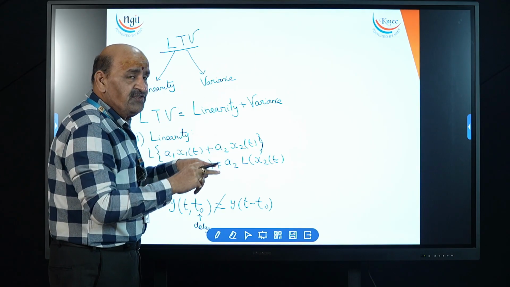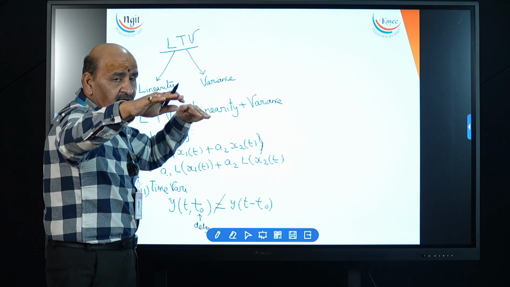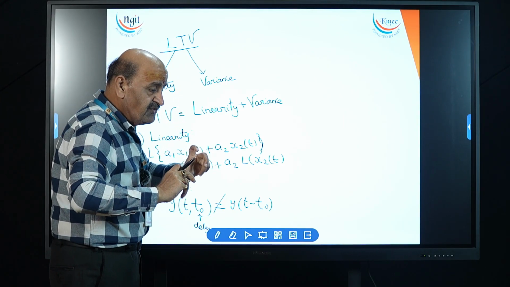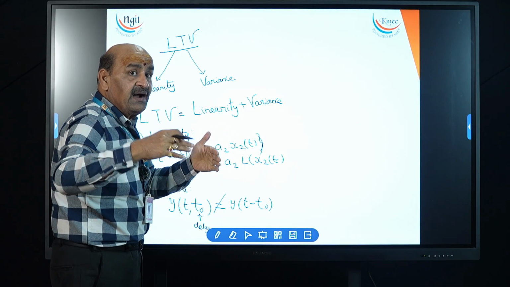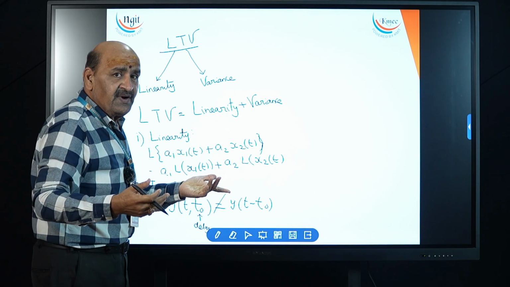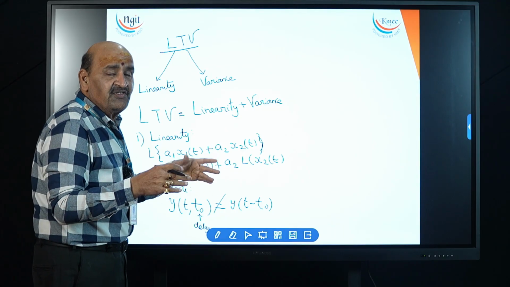That means a system is there, you give one input, and you get the corresponding output in the first instance. In the second instance, if you give the same input, you can't get the exact same output. It will give another output, and in another instance, yet another output. That means it depends upon time.